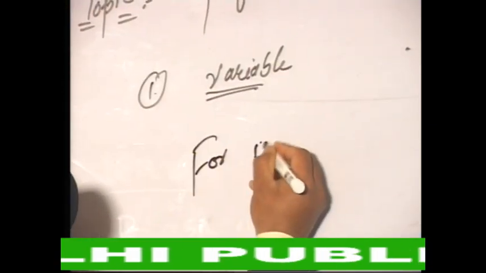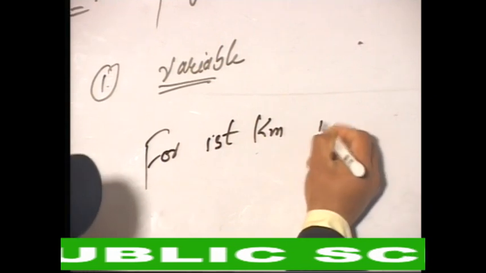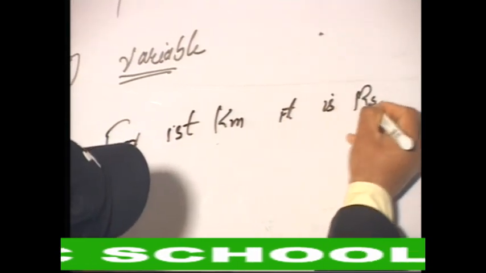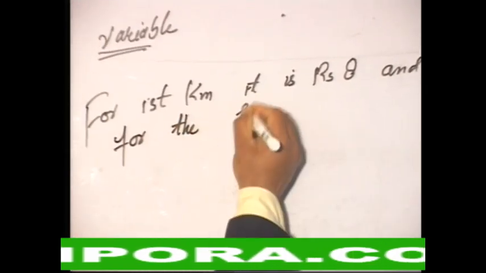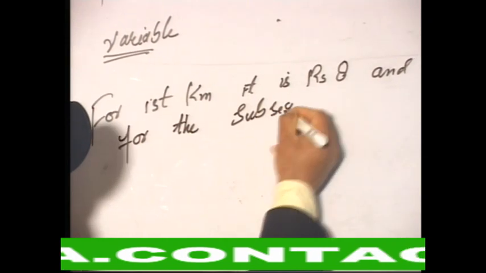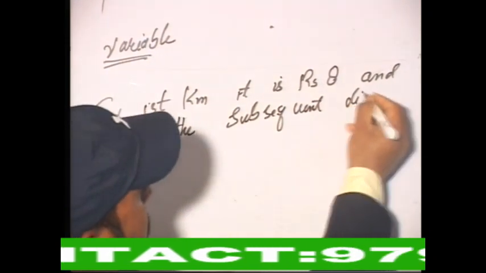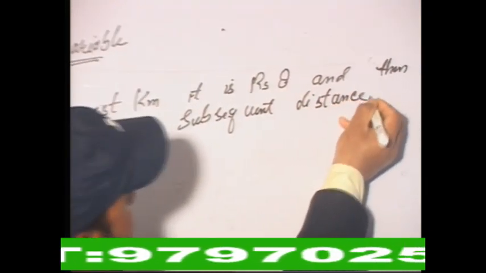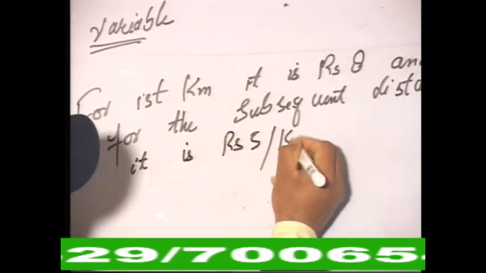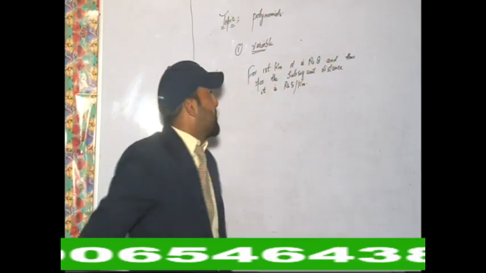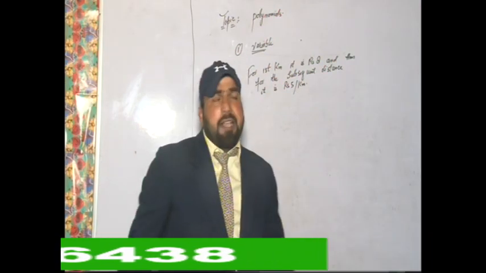For the first kilometer, it is rupees 8, and then for the subsequent distance, it is rupees 5 per kilometer.